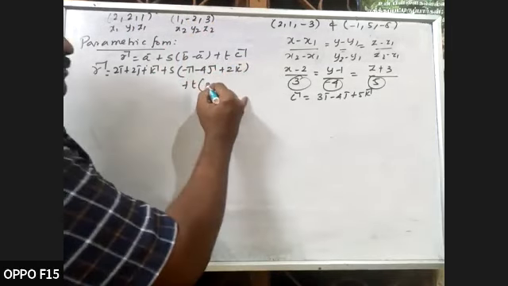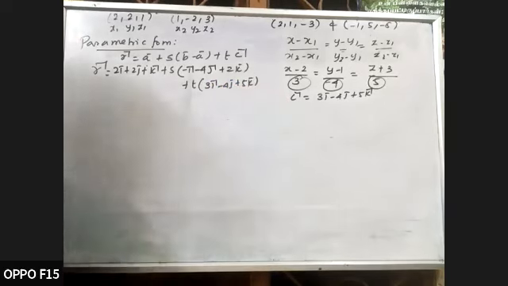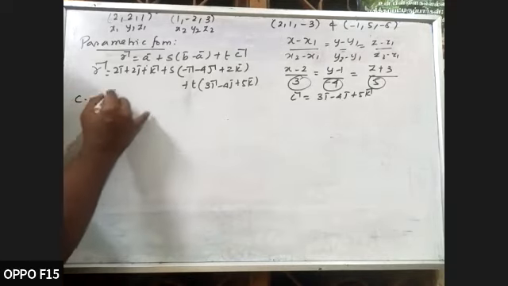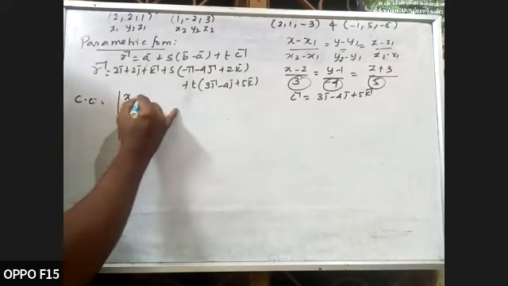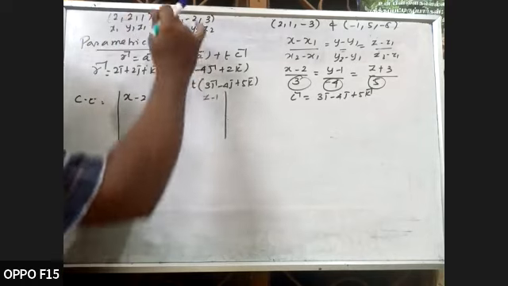Your c vector is equal to 3i vector minus 4j vector plus 5k vector. Okay, your r vector is equal to 2i plus 2j plus k plus s into minus i minus 4j plus 2k plus t into 3i minus 4j plus 5k. சரிங்களா? ரைட்டுமா. இப்போ இது வெக்டர் ஈக்குவேஷன் கண்டுபிடிச்சாச்சு. சிம்பிளி கார்ட்டீசியன் ஈக்குவேஷன். போன வாட்டி மாதிரி தான் x minus x1, x minus 2, y minus 2, z minus 1, x2 minus x1.